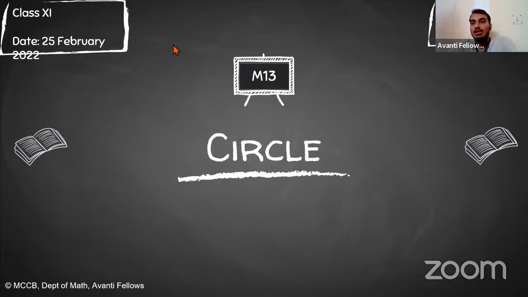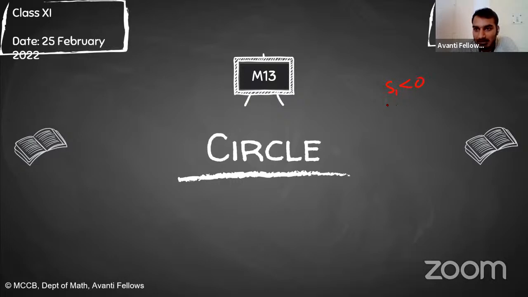Very good. So students, in the last class we were discussing the intercept on the x-axis, the intercept on the y-axis, and the position of a point with respect to the circle. If the point is inside the circle, then S1 is less than 0.